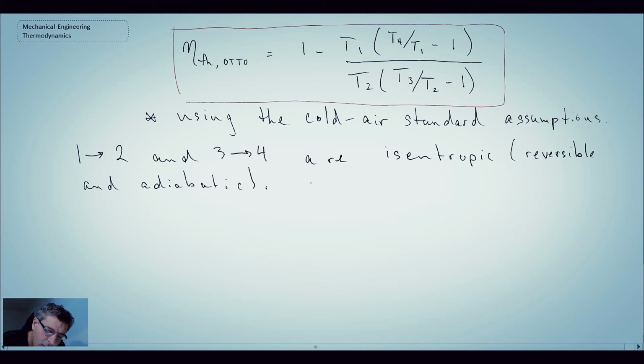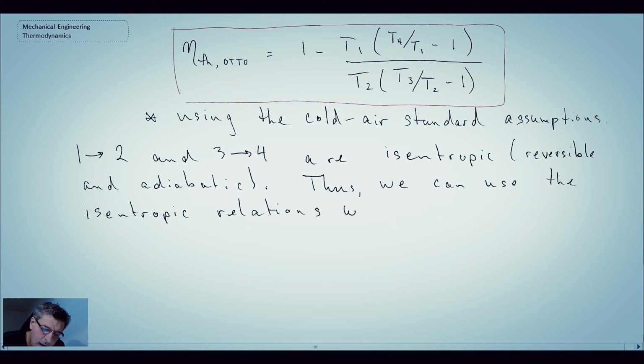So we can use relationships that we have for isentropic processes. And we saw these in an earlier lecture. And we will use this with V2 equals V3.